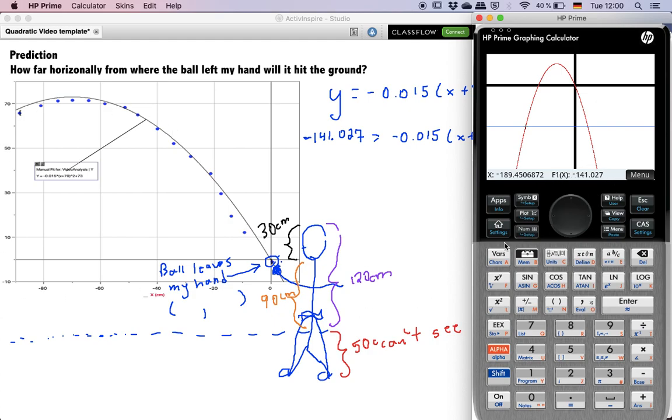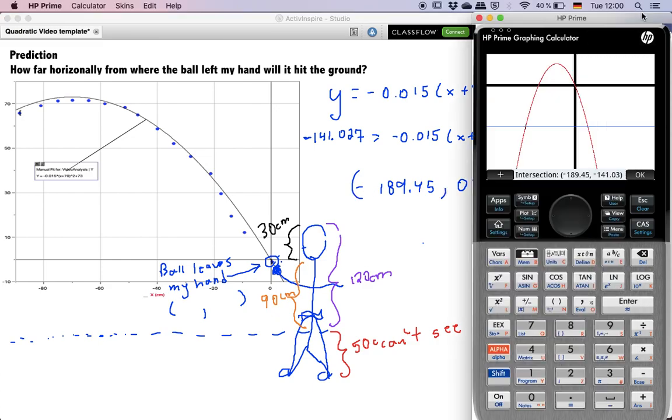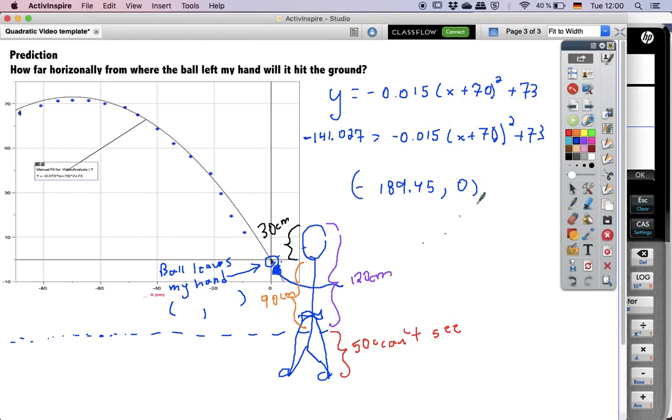What position is that in? So that is the intersection, and it's minus 189.45. Okay, so what does that tell us? Minus 189.45, comma 0, right? No, comma minus 141. That's right.